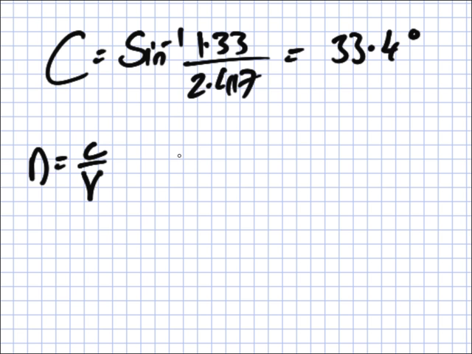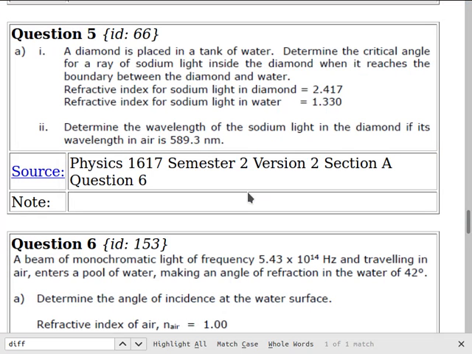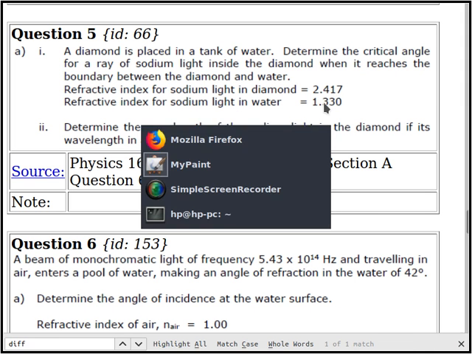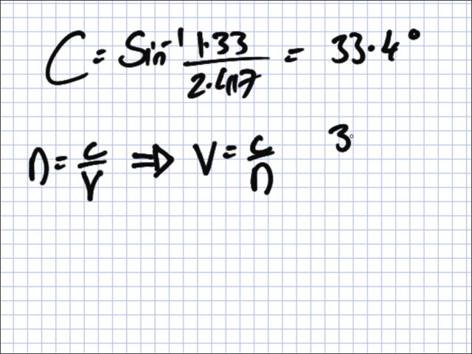I'll get the v first. v equals c over n. Now, what are we looking at? What's the n? It's in the diamond, 2.417. So, can someone tell me what this is, please?